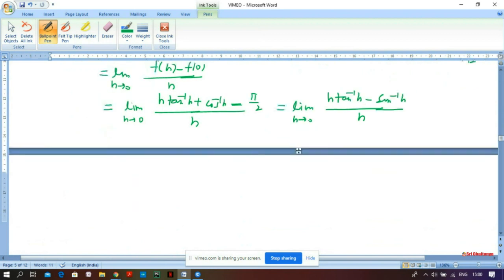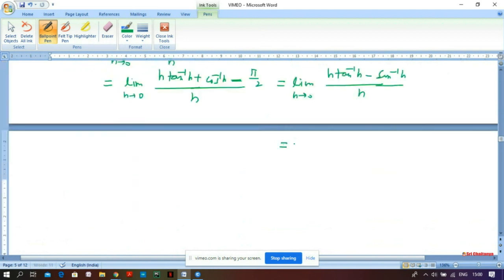If I calculate this limit by separating it, we get the limit as h tends to 0 of tan inverse h minus the limit as h tends to 0 of sine inverse of h over h. This first limit is anyway 0 because tan inverse 0 is 0. There is no indeterminate form. And this one we used previously also.